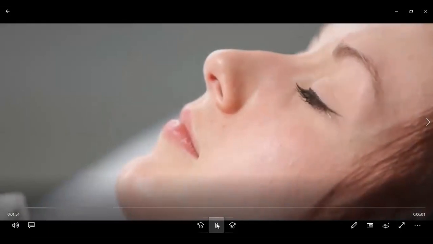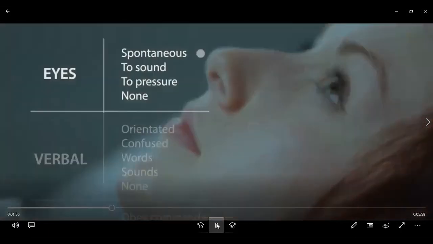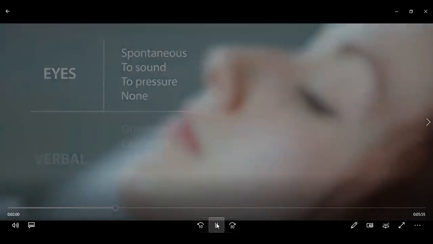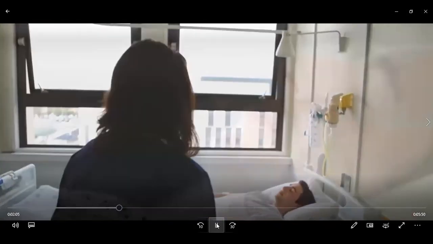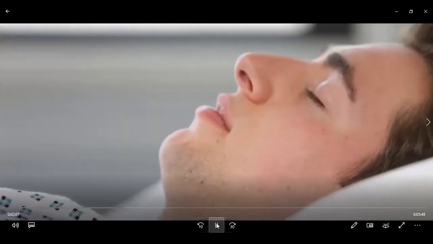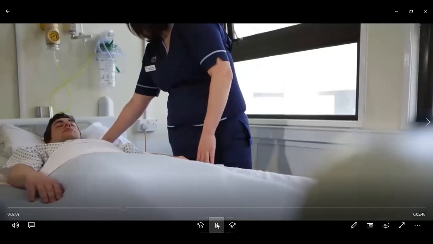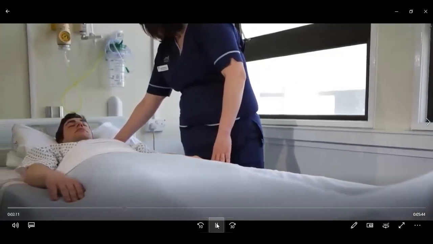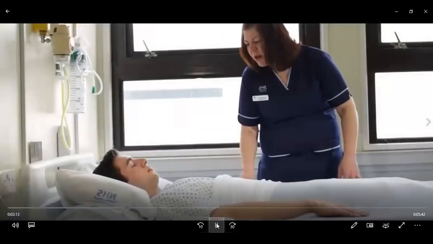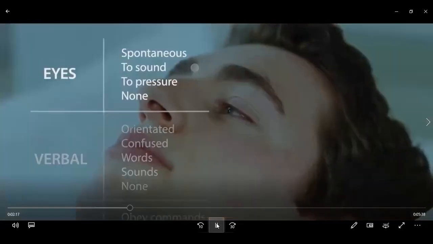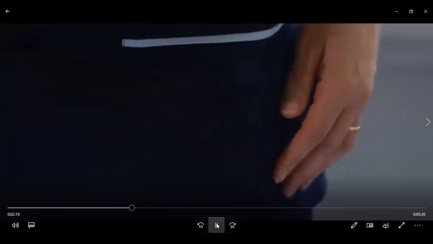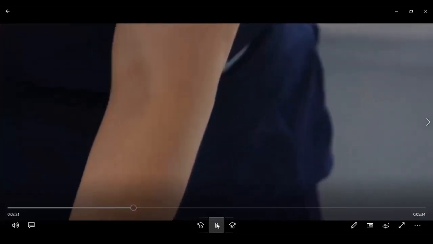If the patient's eyes open spontaneously, spontaneous is recorded. Remember, there may be local factors, such as swelling, that prevent eye opening. If spontaneous opening is not demonstrated, a verbal stimulus is used by introducing yourself clearly and requesting eye opening, if necessary by shouting. If the patient opens their eyes, to sound is recorded. If the patient does not open their eyes when you speak to them, a physical, peripheral stimulus is then applied.